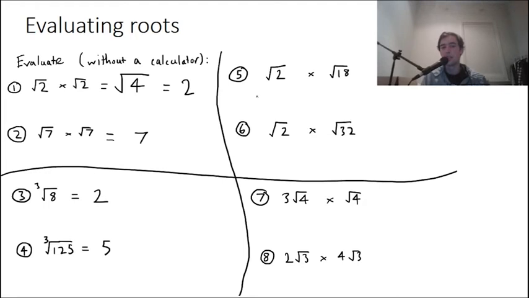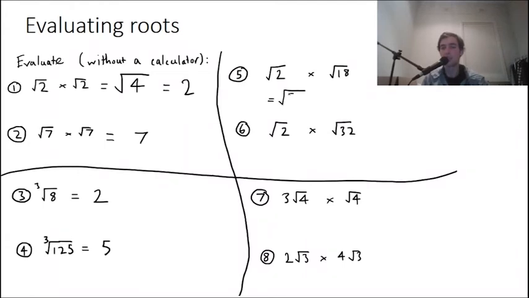Okay, now there's a couple of steps for these. When it says without a calculator again, try to see if you can fiddle around with it and change it and see what you can get. So remember over here I said that you can times these 2 numbers inside the square roots. Now these are not the same, so we're not going to get anything straight away. Let's try it. 2 times 18 is 36.